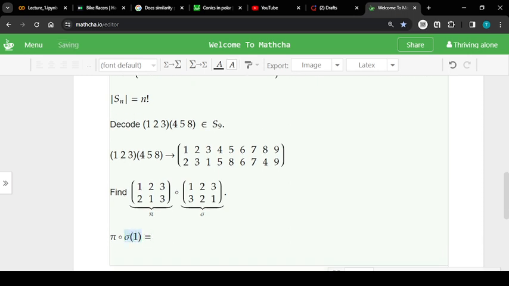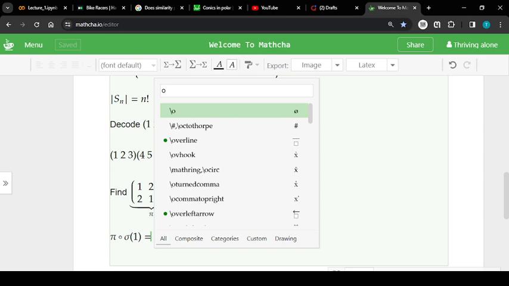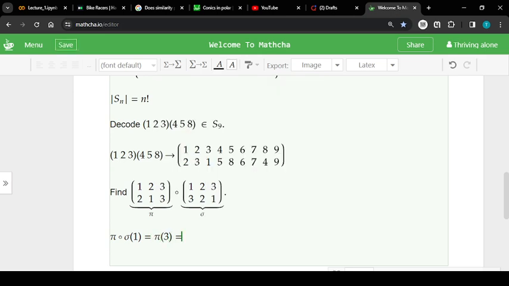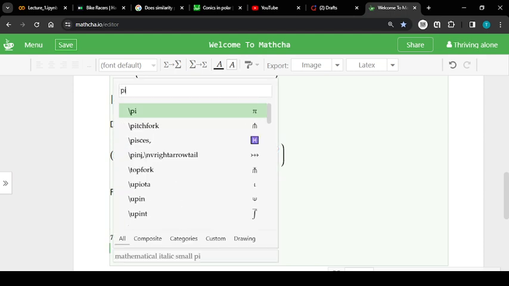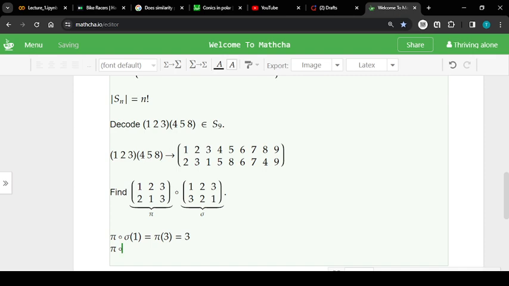What is sigma of 1? That is 3. That is just pi of 3, which is nothing but 3, since 3 is mapped to 3. Next, pi composed with sigma of 2. We'll repeat this exercise.